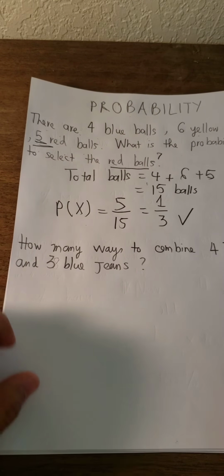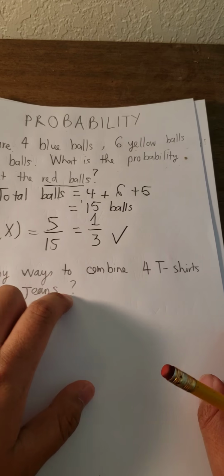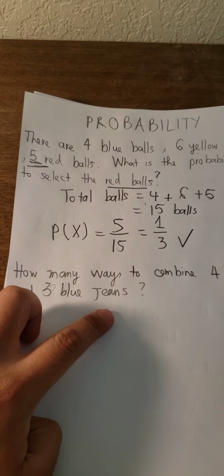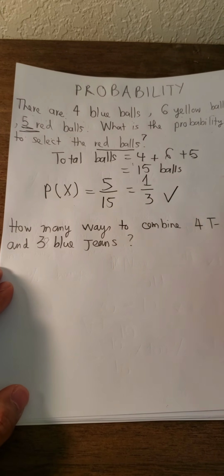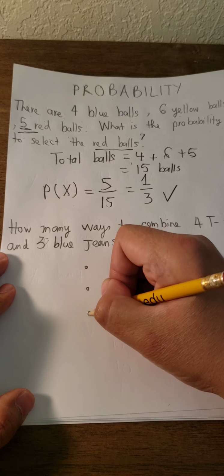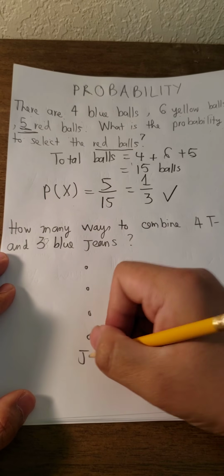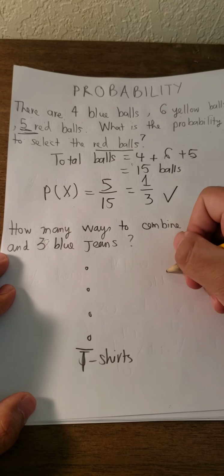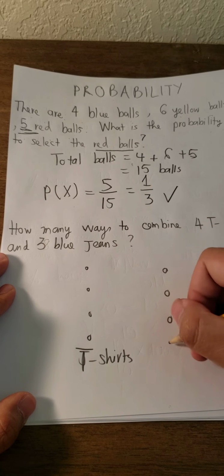The next question, how many ways are there to combine 4 t-shirts and 3 blue jeans? I will draw the diagram for you. There are 4 t-shirts and 3 blue jeans.